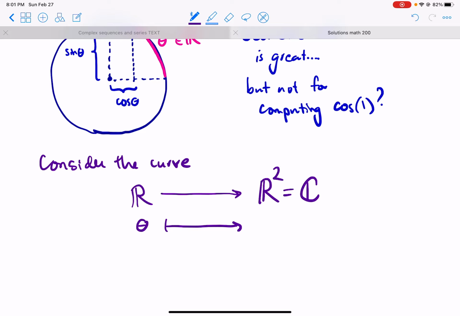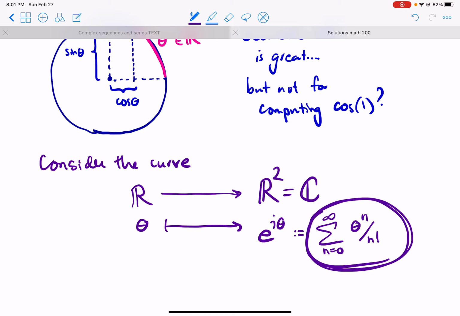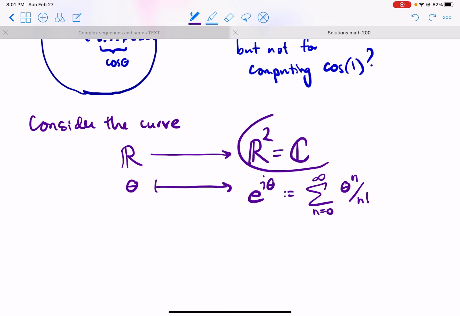And so where should we send theta to? Well, we'll send it to e to the i theta, where what we mean is, actually, we're going to send it to this. The limit of the sequence of partial sums of this formula, this power series, is the point in the plane that we're going to send theta to.